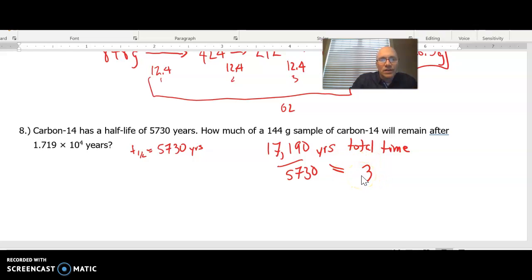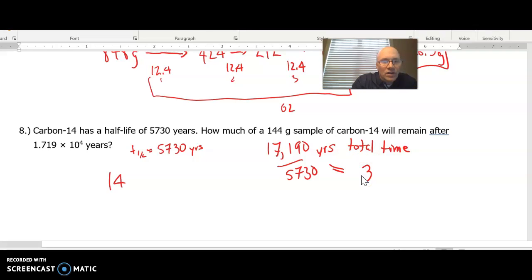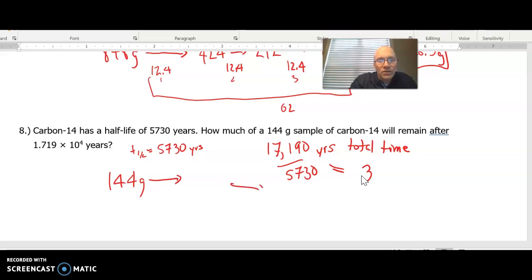That tells us that if we're starting with 144 grams, we want to let it get cut in half 1, 2, 3 times. Because the amount of time for each of those to occur is this, and if you allow that to happen 3 times in a row, this is the total amount of time that would have passed.